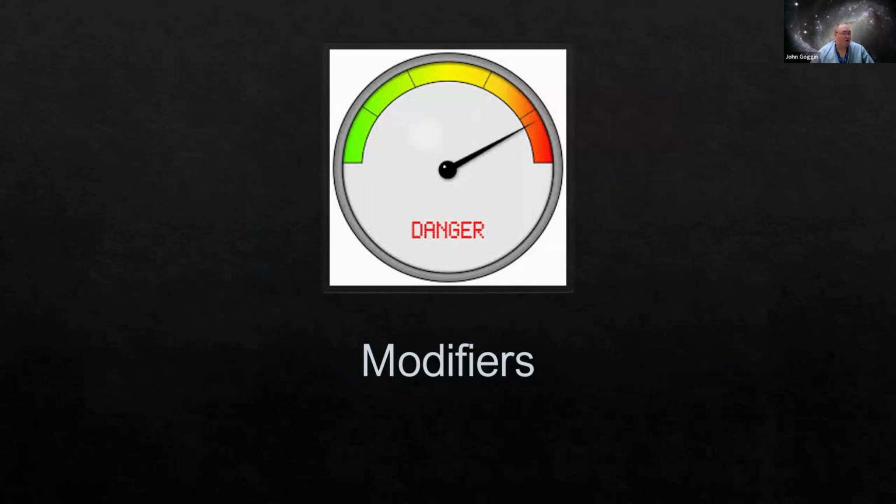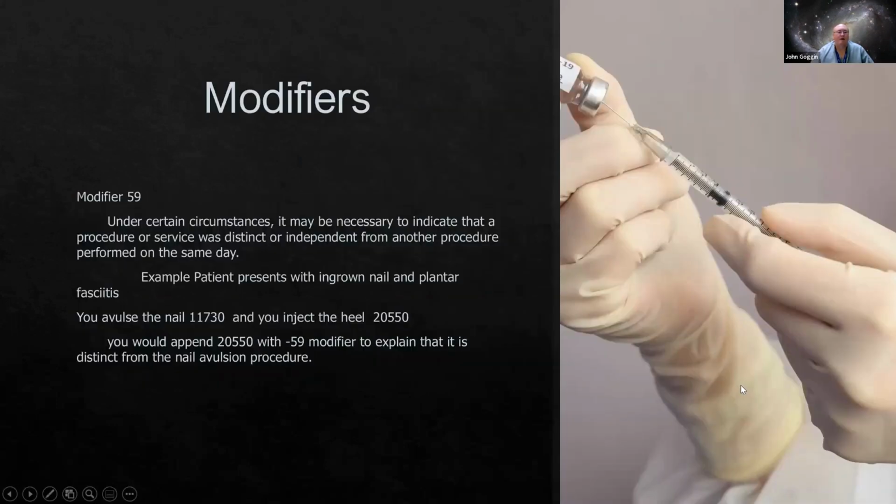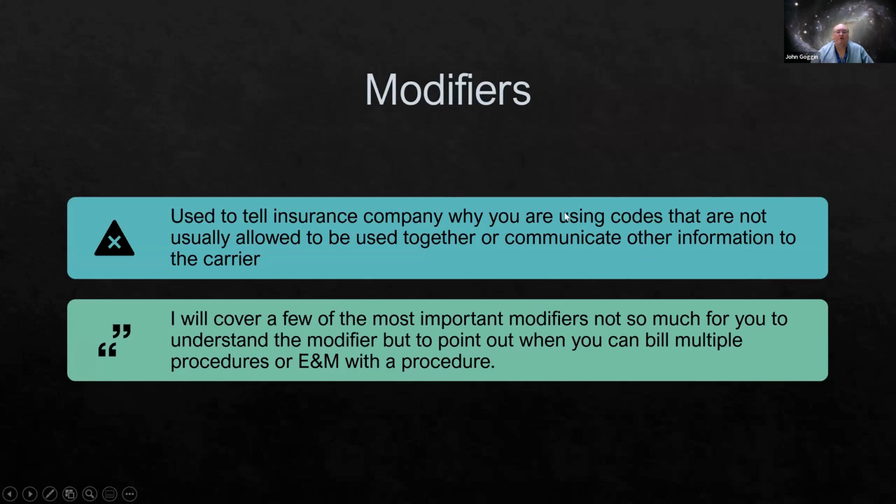So next, we're going to talk a little bit about modifiers. Modifiers are short codes, 2-digit codes typically, that are appended to the end of your procedure codes to tell the insurance company that you are using two codes that usually are not allowed to be used together, but you have a specific reason for doing so and you're justified in doing so.